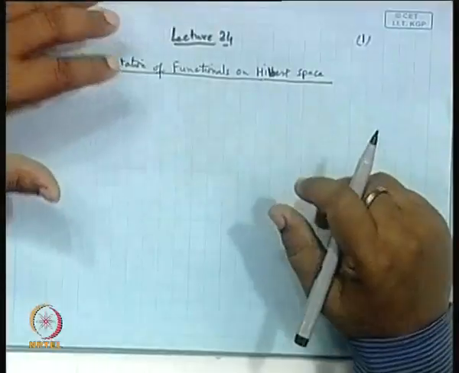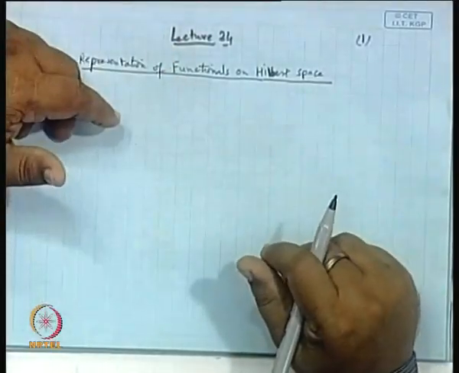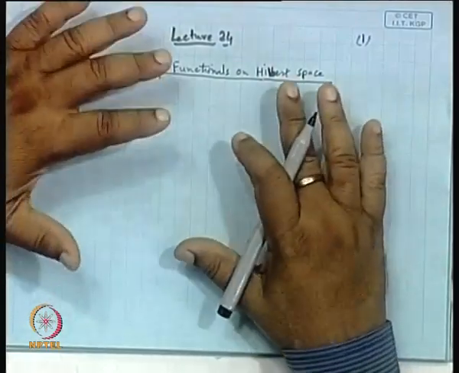So, this is a very complicated case when we deal with a Banach space: you have to identify the representation, and you have to identify the space which behaves as the dual space. But in case of the Hilbert space, the situation is much simpler.